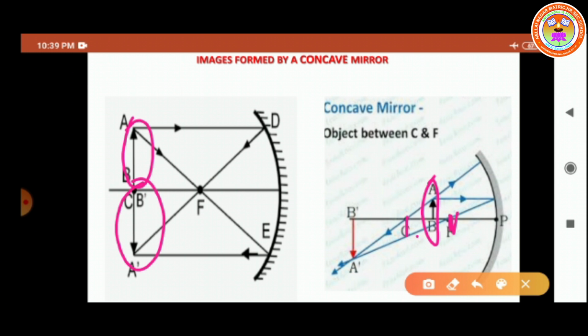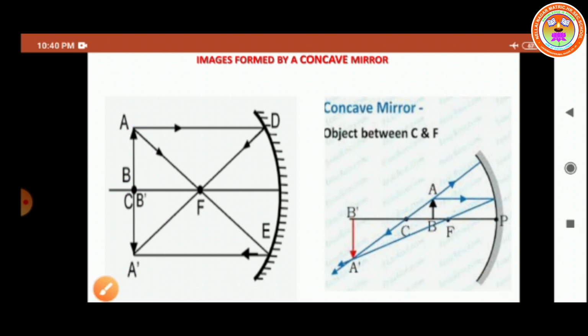Beyond the C. So the object is located in between the center of the curvature and the principal focus. It forms the image beyond C. Compared to the object size, the image size will be magnified. It's enlarged, isn't it? And here also it gives us a real and inverted image.